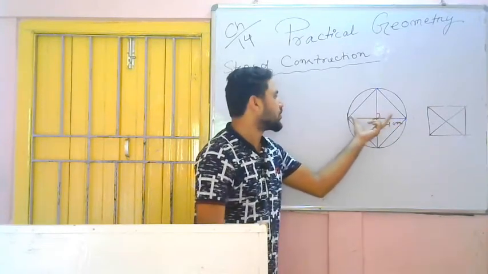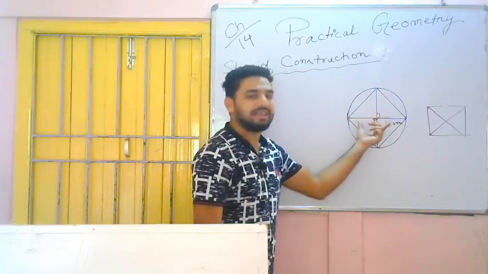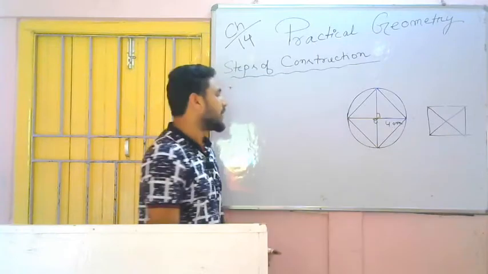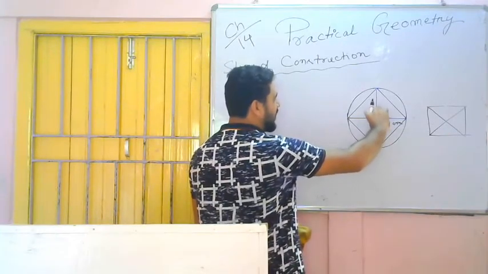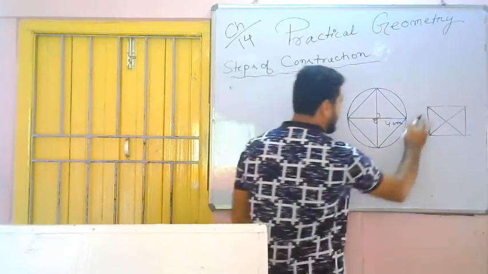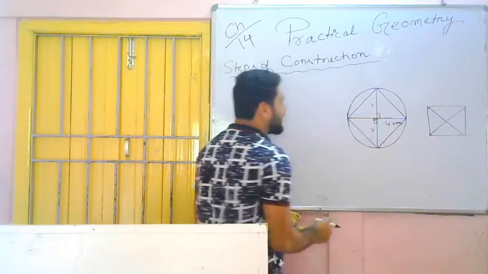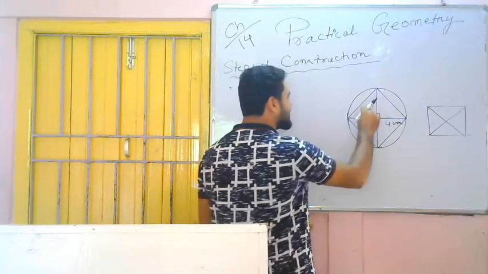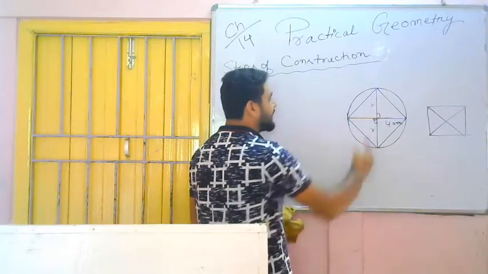If you draw two diameters perpendicular to each other, these two will be equal. Because if you divide the diameter, we get this is R, this is R, and we know the radii of the circle are equal. So if this is R, then this will also be R.